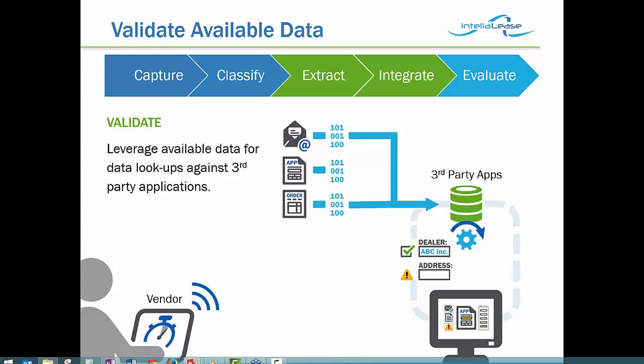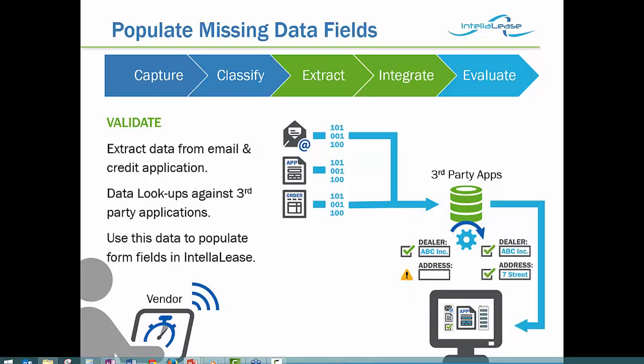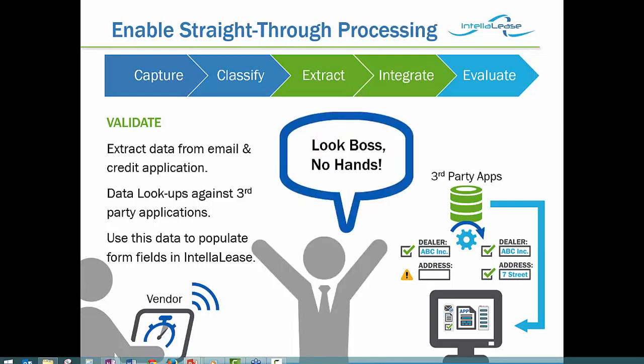We're going to look at your master database, whether that's in your lease origination system or somewhere else external, and pull it into the application and do that automatically by using those lookups. So, in this case, you're able to complete those fields with no hands, as this person strangely has no hands, no fingers.